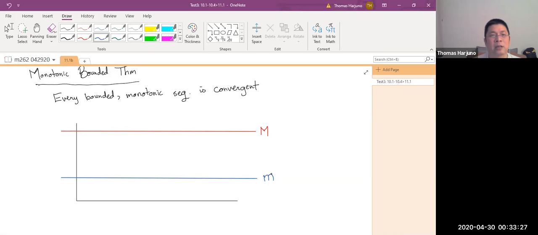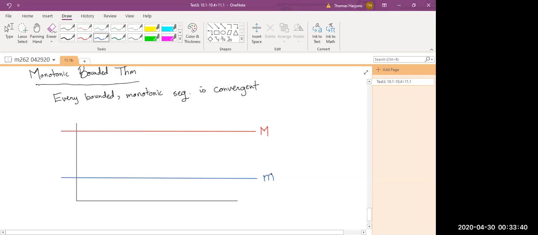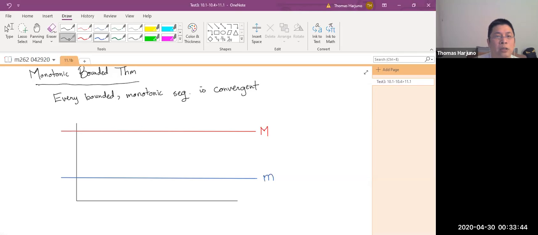And next, let's say the sequence is monotonic. Now you tell me, do you want it to be monotonic increasing or decreasing? Increasing, okay. Then the sequence is increasing.